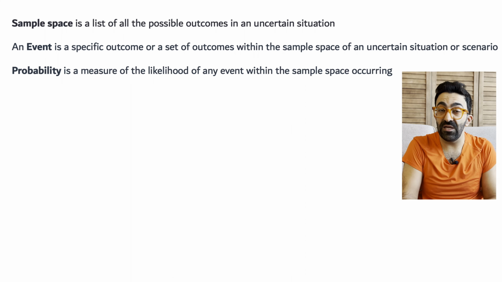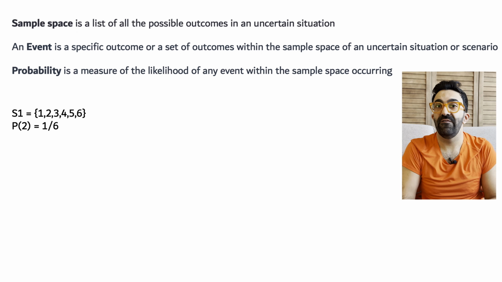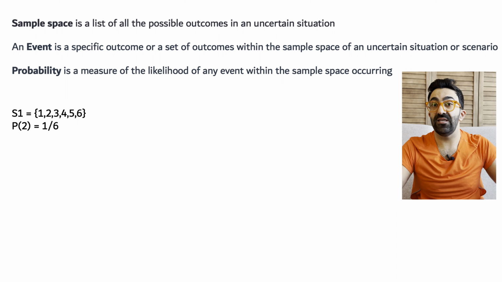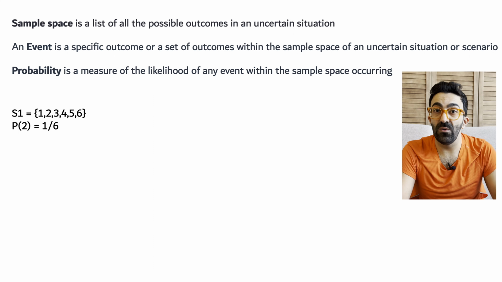For example, here the probability of 2 is 1 over 6 because we have only 1 and we have 6 possible outcomes. So this is a very basic understanding of probability itself. It's very easy, very normal, and very clear for everyone.